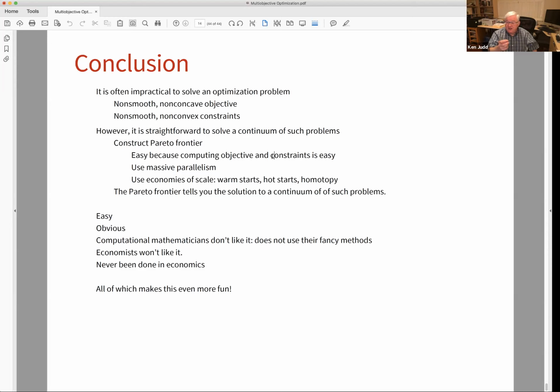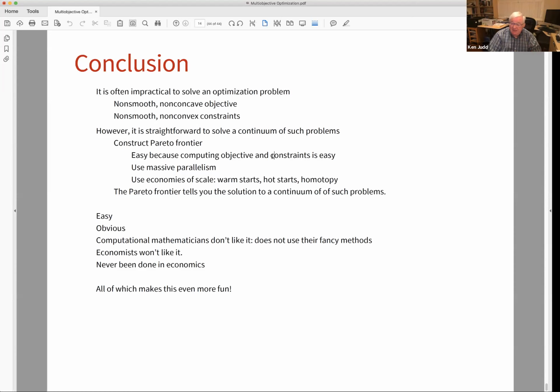You could use hot starts, where you use not only the solution from the previous tau as your initial guess, but also bring over the approximate Hessian from the end of the previous tau and use that as the initial guess for the Hessian at your new tau. Homotopy also helps. Another example: solving 1,000 problems is probably only 10 times slower than solving one.